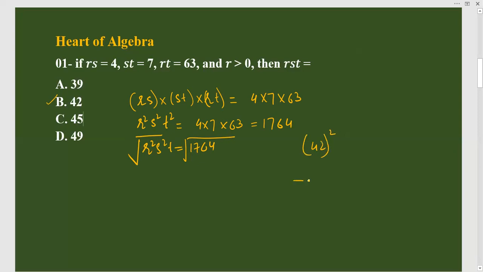There is a formula: put the 2 digits, 4 square is 16, then find the middle term, which is 4 into 2 into 2, that is 16, and then 2 square is 4. Put the 4, 6 will be there and 1 will be carried, so 1 plus 16, 1764. So 42 will be the right option, B.